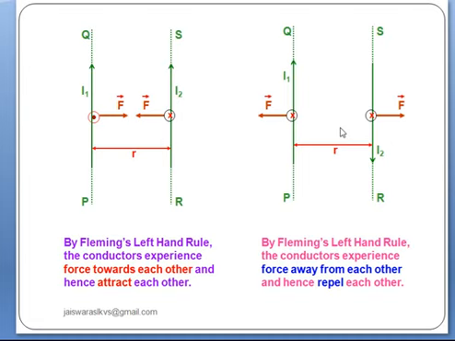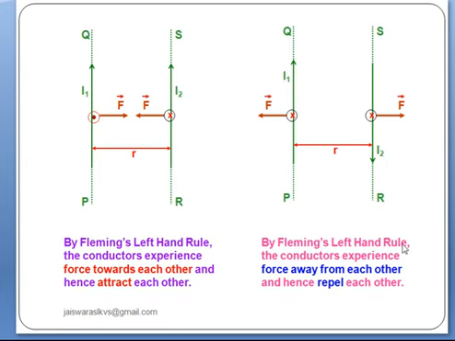When will this happen? When the direction of current in both the conductors is opposite, then only both the conductors experience a force of repulsion. मतलब ये conductor PQ conductor RS से दूर जाएगा. ये parallel ना होके ये एक दूसरे से दूर जाएंगे.